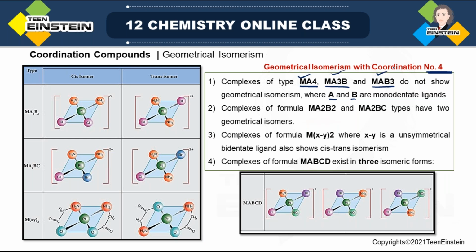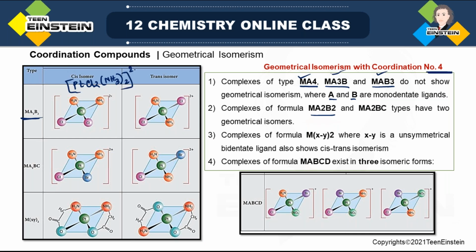Now if we consider the next formulas, MA2B2 and MA2BC, where A, B, C are obviously all monodentate ligands, they can have two different types of geometrical isomers. See, when it is MA2B2, the example we have taken is platinum, 2 chlorine, 2 ammonia.